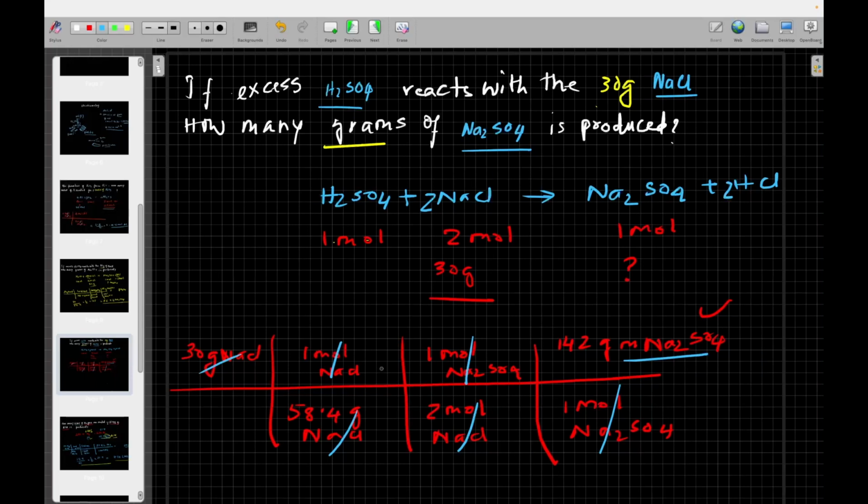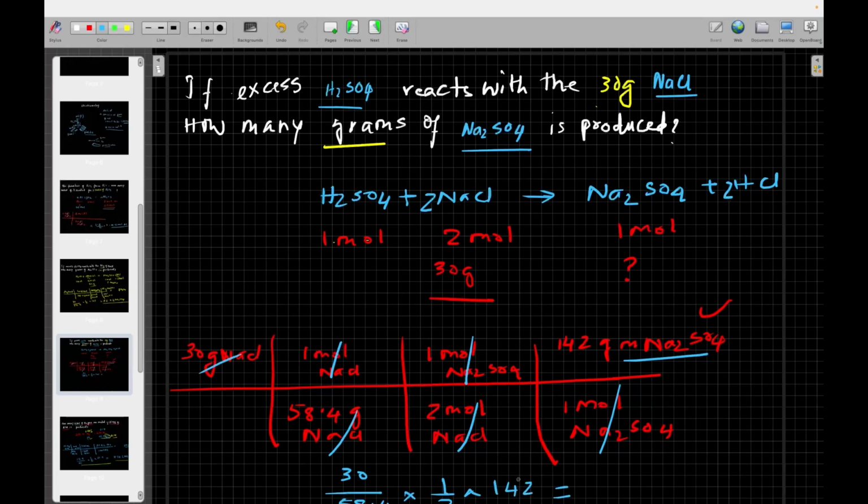So we have successfully arranged the equation in such a way that we are able to solve the problem: 30 divided by 58.4, multiplied by one half, multiplied by 142.